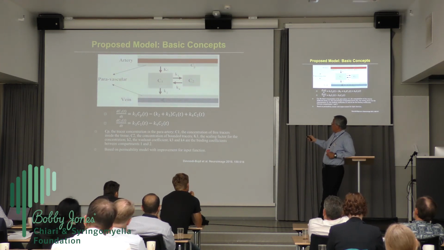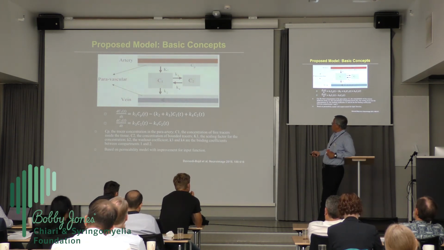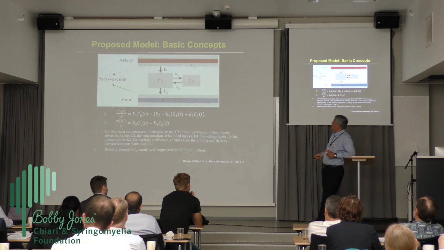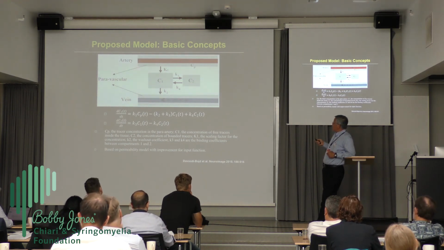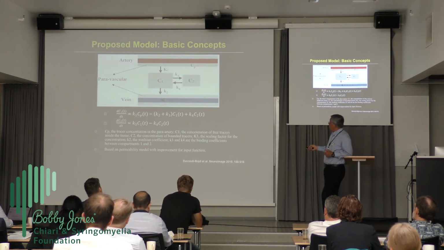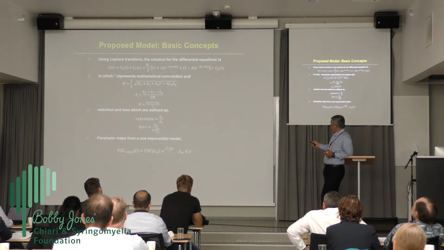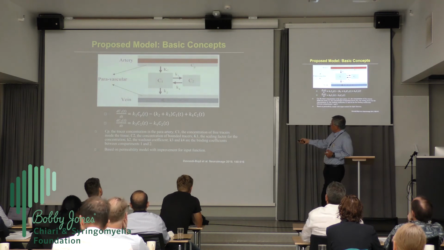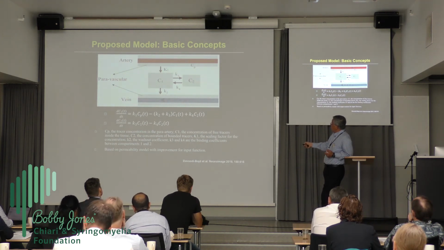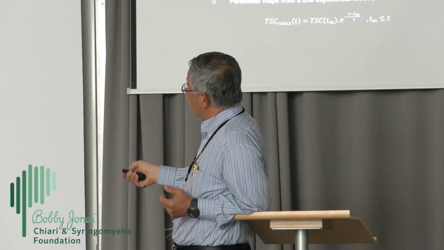This study is published online. You can look at the paper for more detail on how we did the analysis. Now we use the equation to resolve this, and this is the solution.